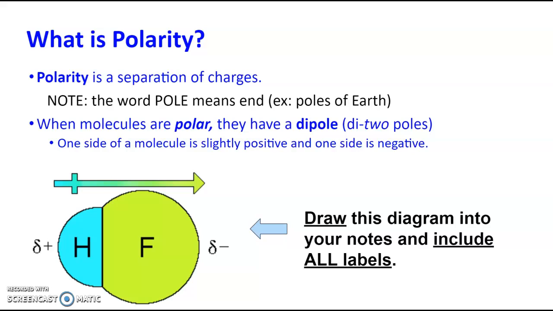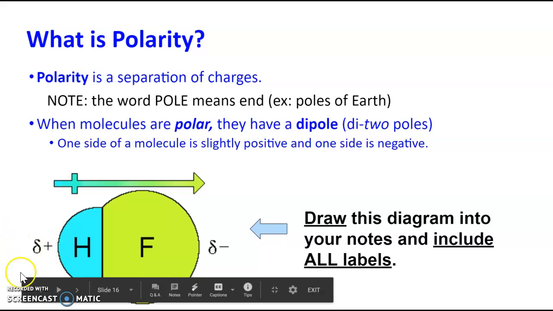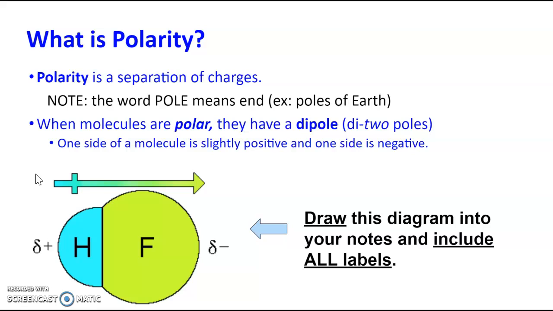So we have 2 poles, or 2 ends. One side of a molecule is slightly positive, and one side is slightly negative. So this time, please draw this little hydrofluoric acid dude into your notes, and draw, right, we have this weird delta plus, we have delta minus, we have the plus arrow.